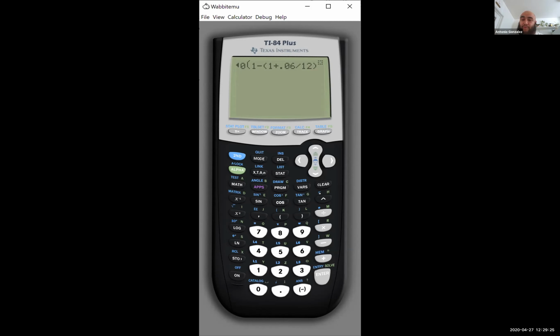But here I don't need to worry about that. I can simply plug in negative 25 times 12. And then I want to get out of the exponent, so I'll just hit the right arrow down here, and that brings me down from the exponent.